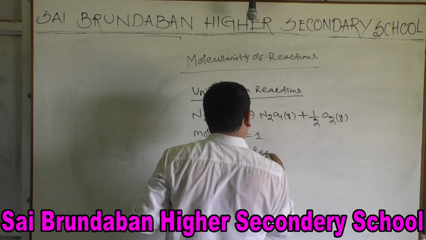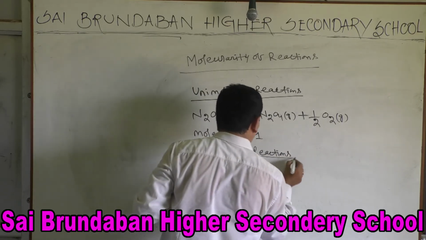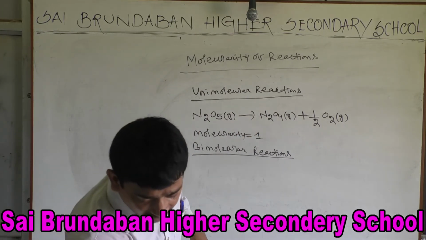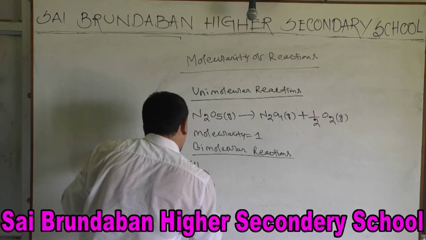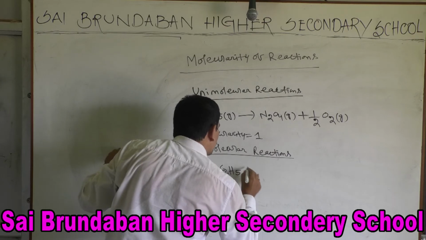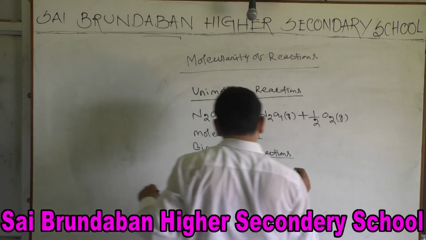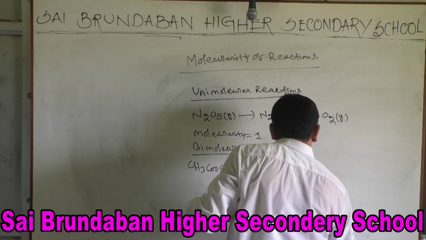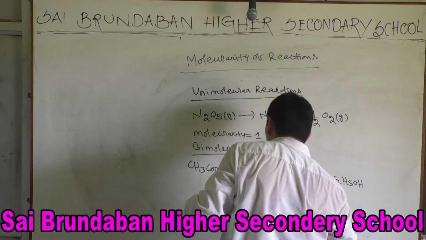Next, bimolecular reactions. One example: CH3COOC2H5 plus H2O gives CH3COOH plus C2H5OH.